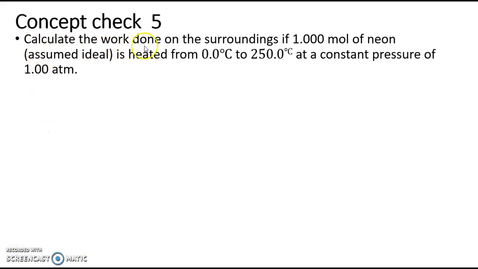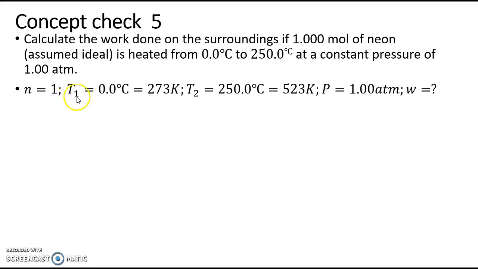Another example, calculate the work done on the surrounding if 1 mole of neon, assumed to be ideal, is heated from 0.0 degrees Celsius to 250 degrees Celsius at constant pressure of 1 atmosphere. So n is 1, T1 is 0.0, that's 273 Kelvin, T2 is 523 Kelvin, that's 250 plus 273, and pressure is 1 atmosphere, and we are to calculate work done.